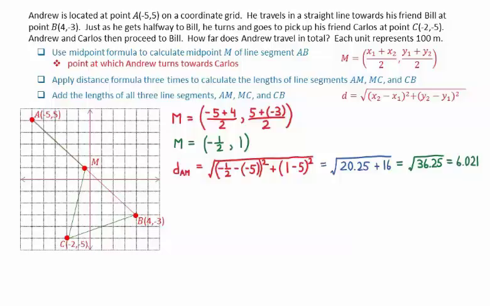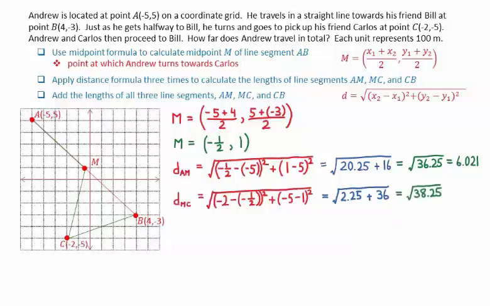For the distance between M and C, again using the distance formula, the x-coordinates squared, then the difference in the y-coordinates squared. We end up with the square root of 2.25 plus 36, which is the square root of 38.25, or 6.185 to 3 decimal places.